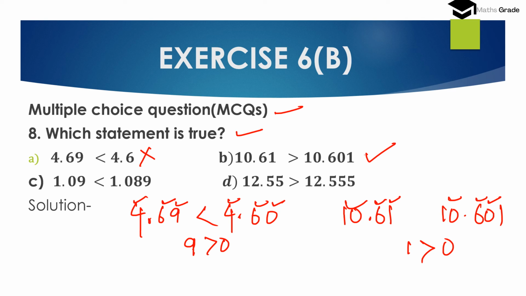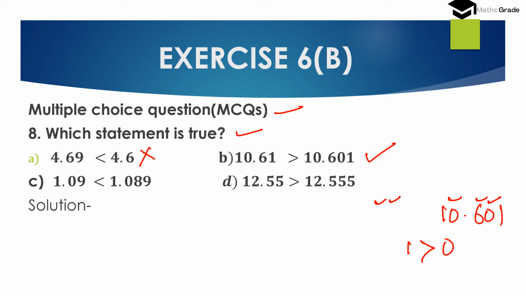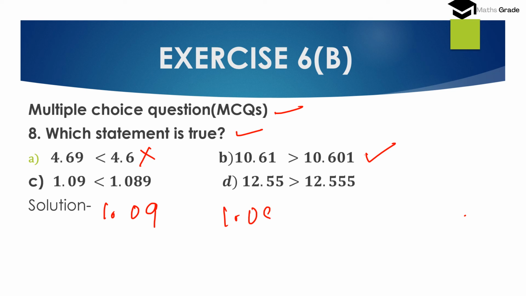1.09 is less than 1.089. Both have 1 in the whole part, and 0, 0. Both have 9. 9 is greater than 8, but here the less than symbol is given, so this is also incorrect. This is wrong. Now option D, 12.55 and 12.555.